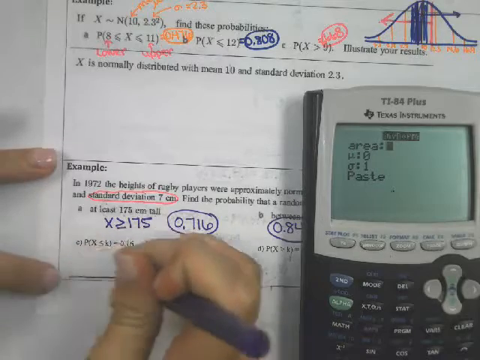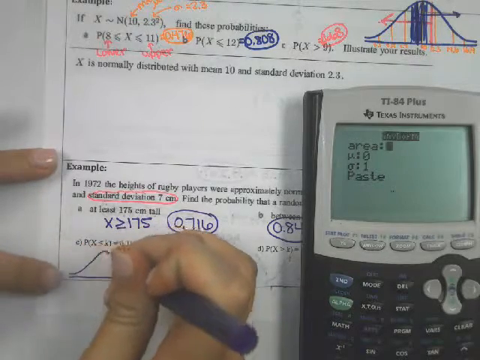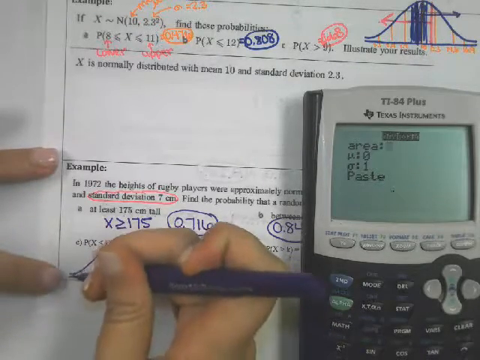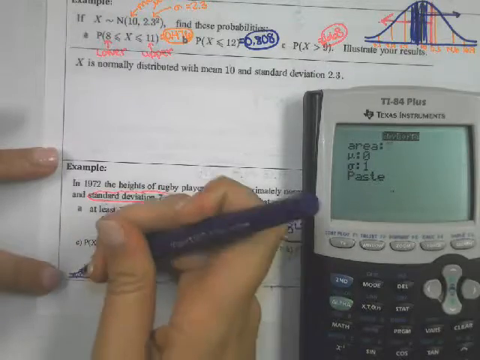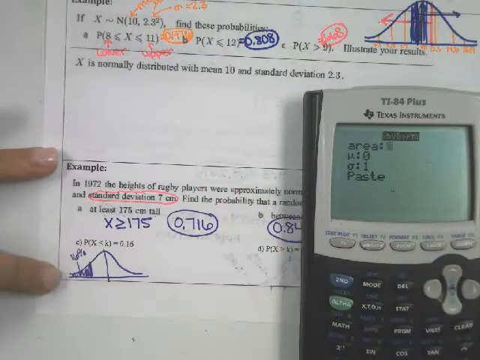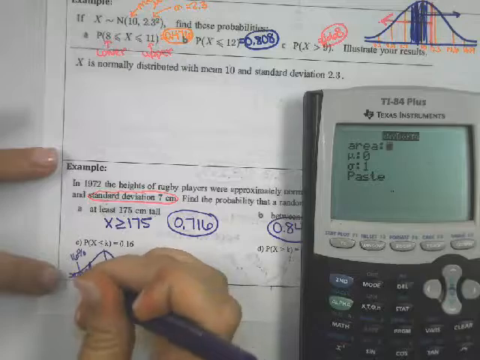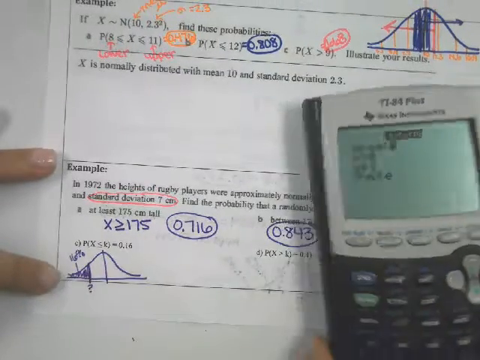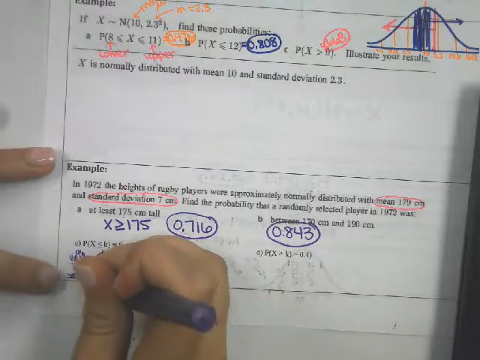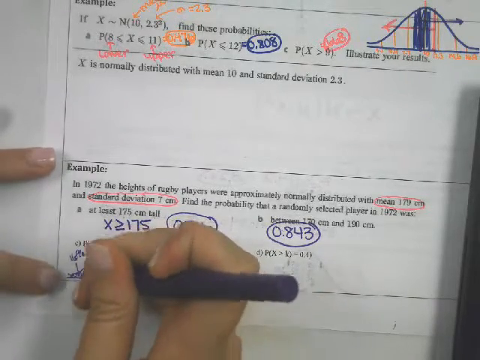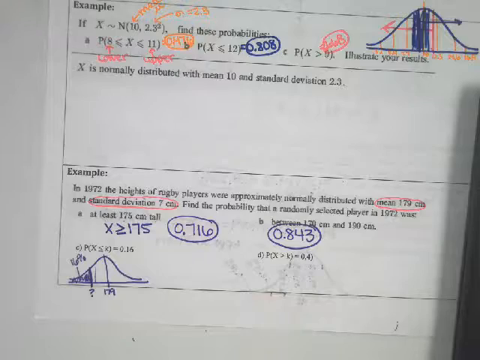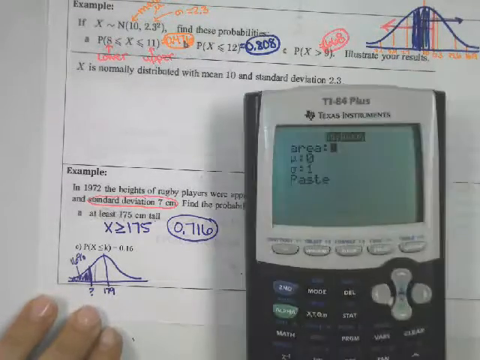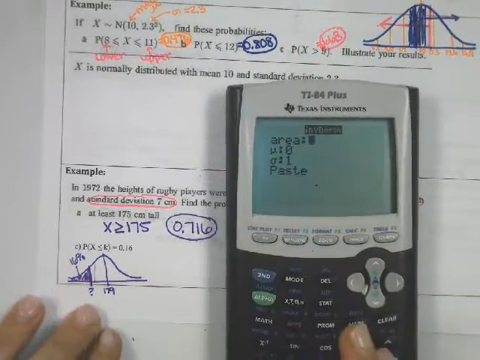So in this case, we have our mean. At some point, we've reached 16% of our data. And we want to know for what value that happens at. So our mean here was 179. Okay, we've got a standard deviation, but at what value are 16% of people shorter than that?